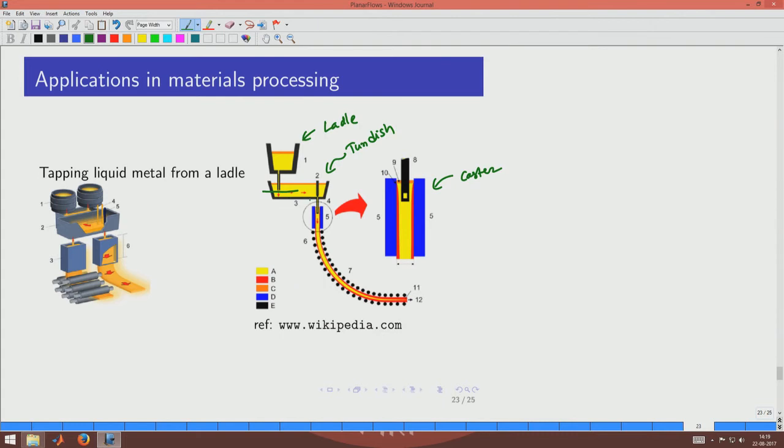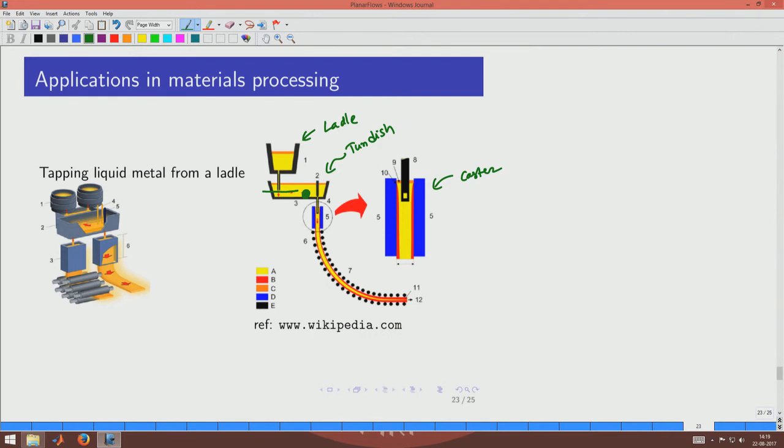And if you have obstacles placed in the tundish so that the dross and inclusions that are coming with the melt do not enter the caster, then if there is a cylindrical obstacle placed, the flow around that obstacle can also be described using the elementary planar flow fields that we have discussed just now.